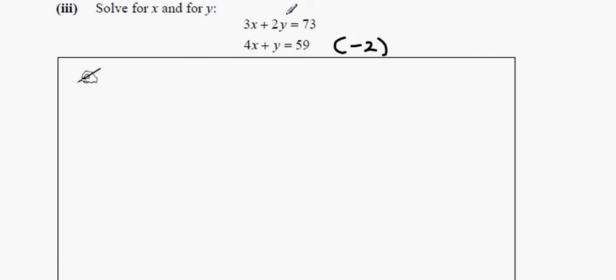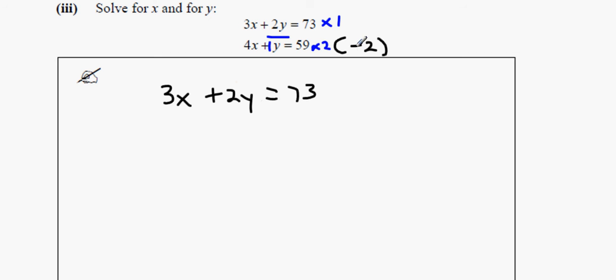I almost do like a magic mirror between the two of these, right? So this is a 1y. I'm going to multiply the top one by 1 and the bottom one by 2. I also need one of them to be minus, so I'm going to multiply the bottom one by minus 2, okay? So what we're going to get is 3x plus 2y equals 73, because we're multiplying everything by 1.